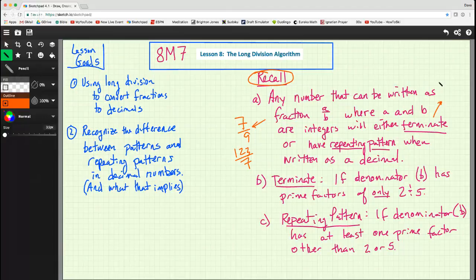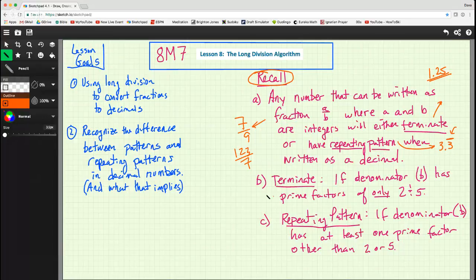So an example of termination is 1.25. That number terminates. And then a repeating pattern would be a number like 3.33333, where we have this bar notation. So remember the bar notation that says repeat forever. And so that's a repeating pattern.